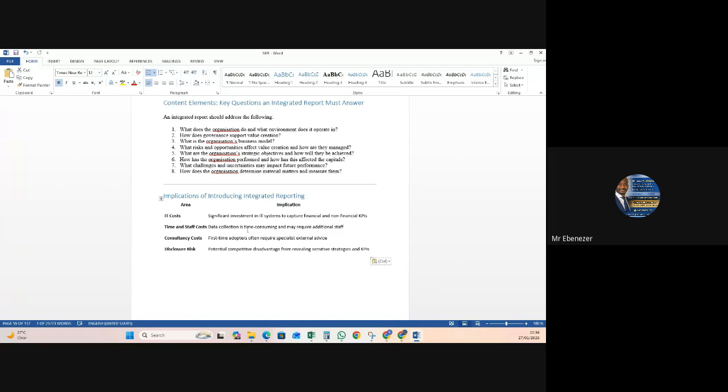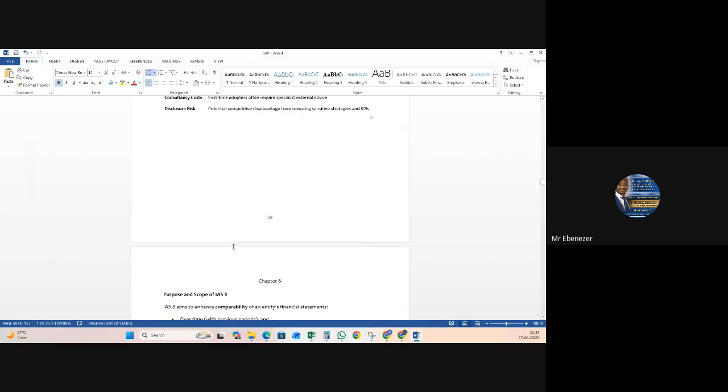It can result in consultancy costs as well. If you're adopting these reports for the first time, it requires specialist external advice. And the disclosure risk, the potential competitive disadvantage you put your company into if you reveal some sensitive information. And don't forget, you have to avoid that. So that's what we have here.